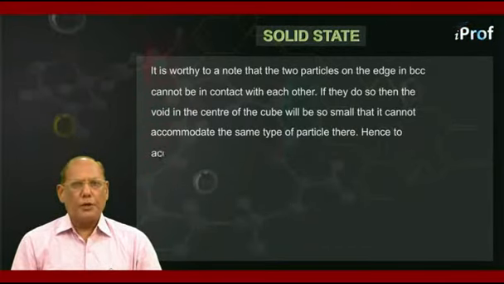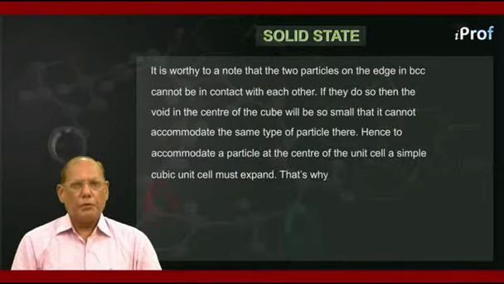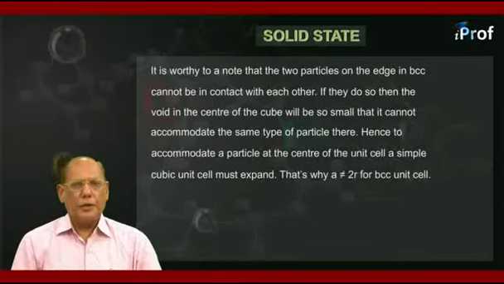Hence, to accommodate a particle at the center of the unit cell, a simple cubic unit cell must expand. That's why a is not equal to 2r for the BCC unit cell.